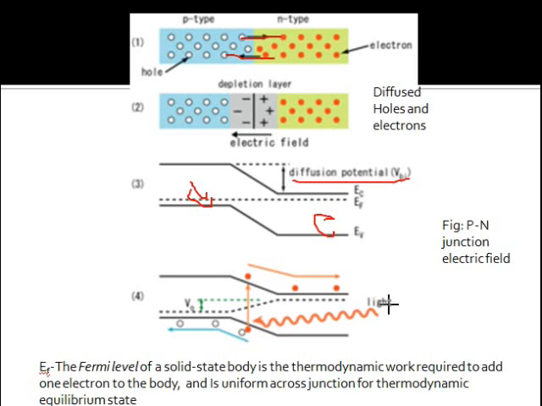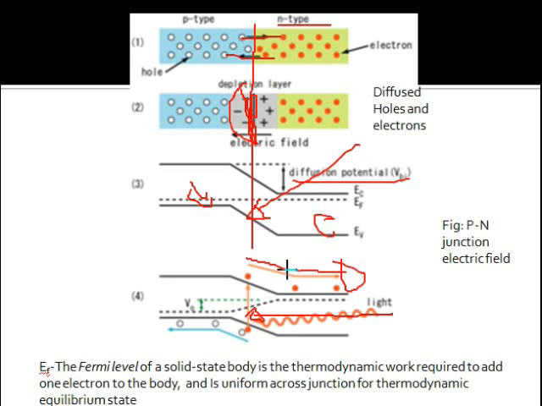When the sunlight falls on the junction, this line we draw here is the junction, it gives sufficient energy for the electrons to cross the boundary. The electrons present here start moving towards the n-type semiconductor, and the holes start moving towards the p-type semiconductor.